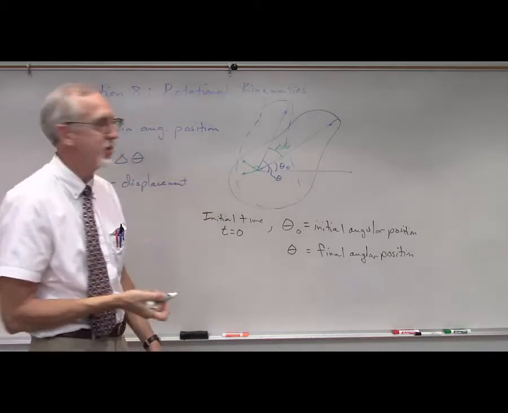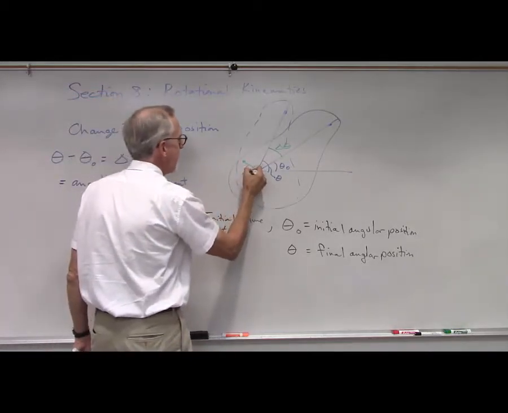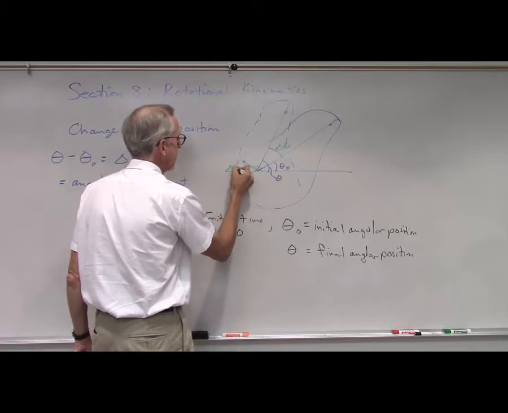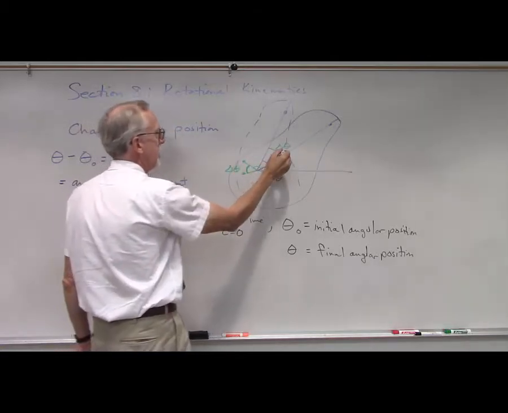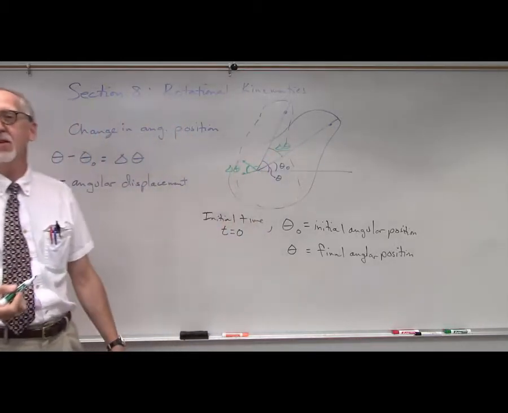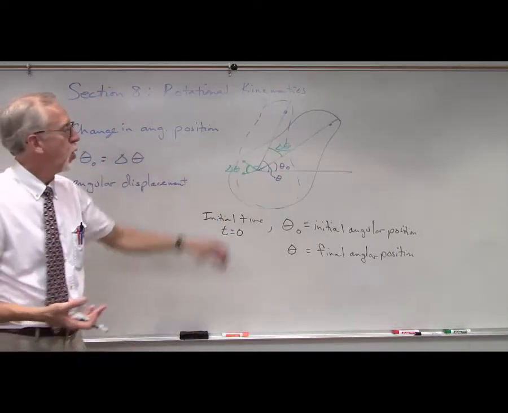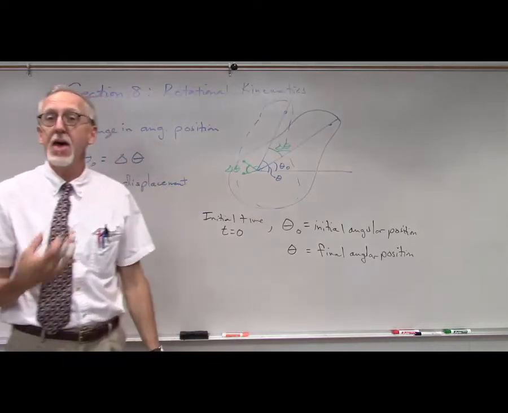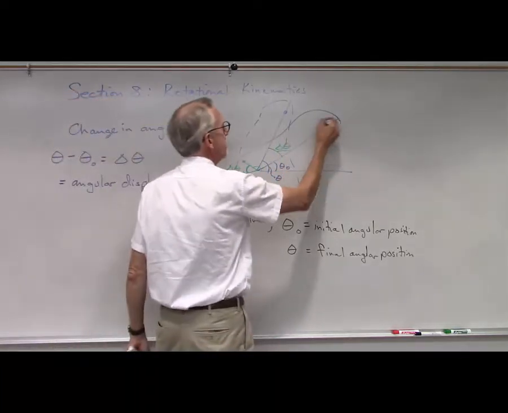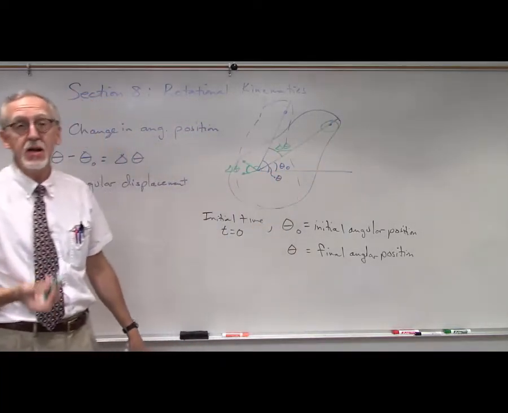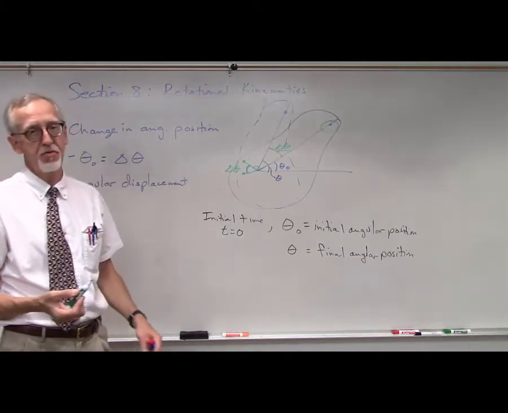But theta minus theta naught would still be that angle right there, delta theta, and that delta theta would still be exactly the same as the delta theta that we had over here. In other words, while theta and theta naught depend on the reference point you have chosen, delta theta does not depend on the reference point.